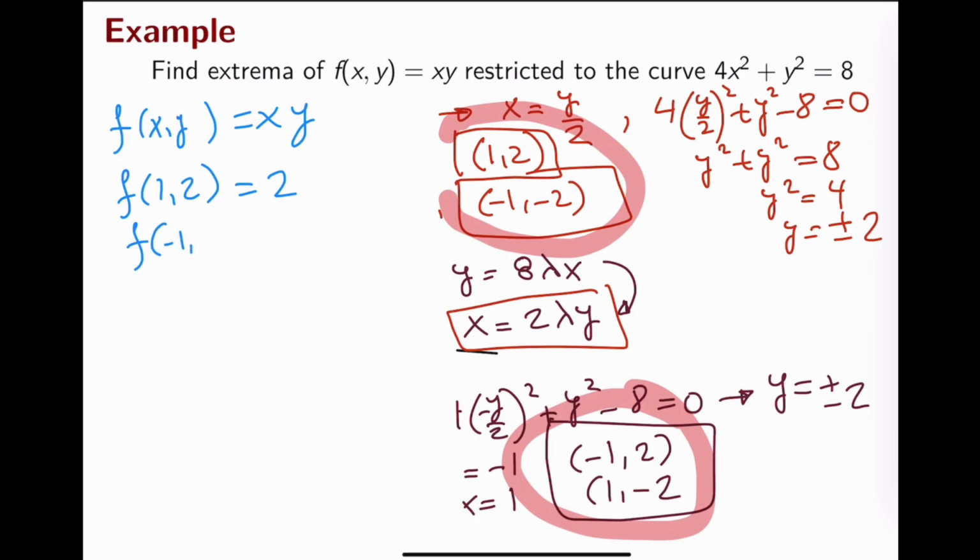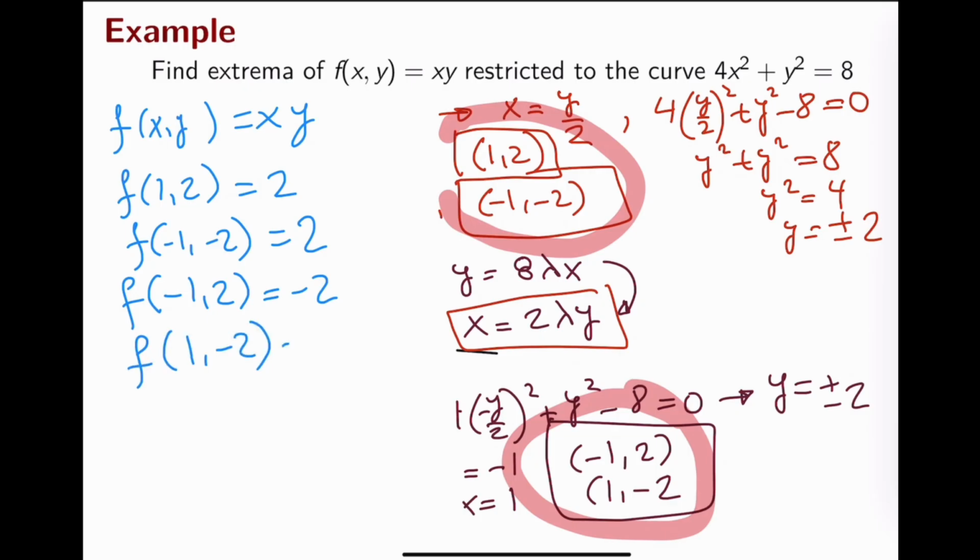So f evaluated at (-1, -2) is going to be also 2. f evaluated at (-1, 2) is -2, and f evaluated at (1, -2) is -2. So we complete the step of evaluating the function at all the points in our list.